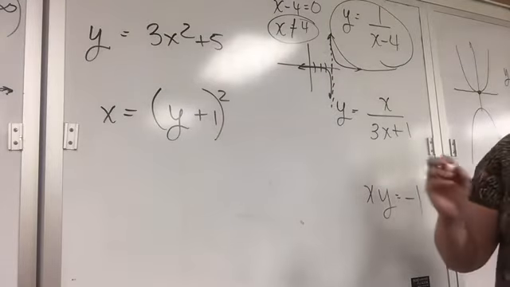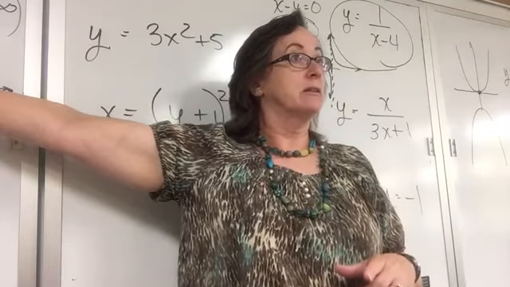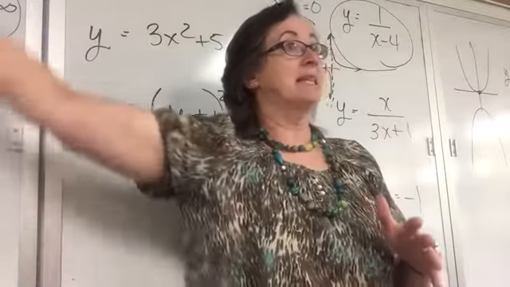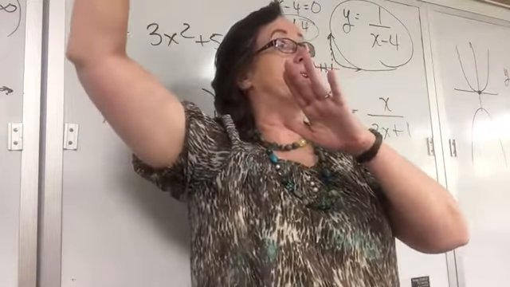Okay? And is this a function or not a function? Is there anywhere that you would pass the line? It's getting closer and closer here. Okay, but it's never touching. So there's no place that you would have a double crossing anywhere. Okay, so this one is also a function.